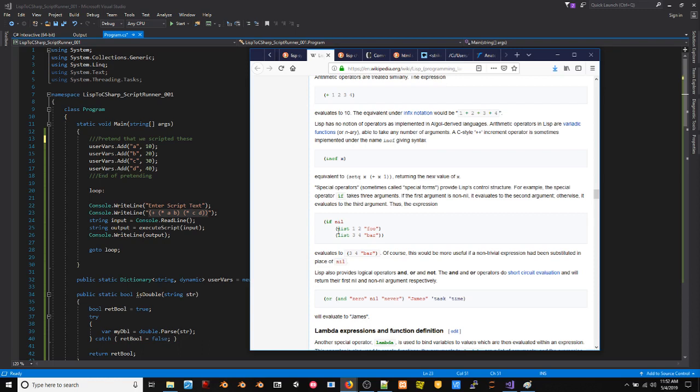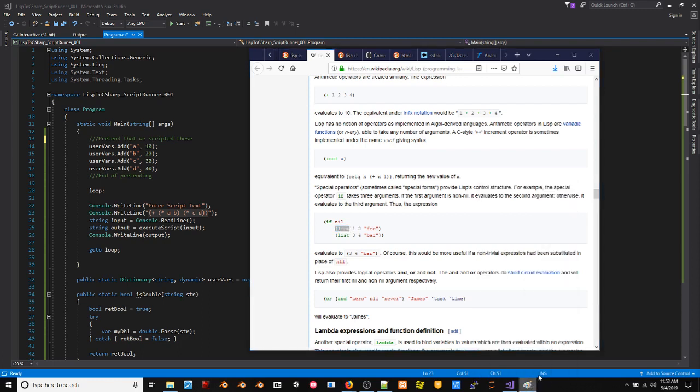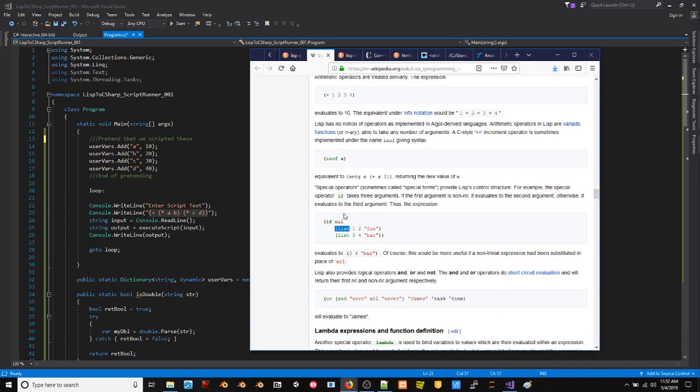So, what we need to realize is that it's a function-first language. And what I mean by that is, I'm going to pin this, and I'm going to close my existing one. Don't save, because we'll basically recreate that. So function first, meaning, hey, there's a function that needs to operate.